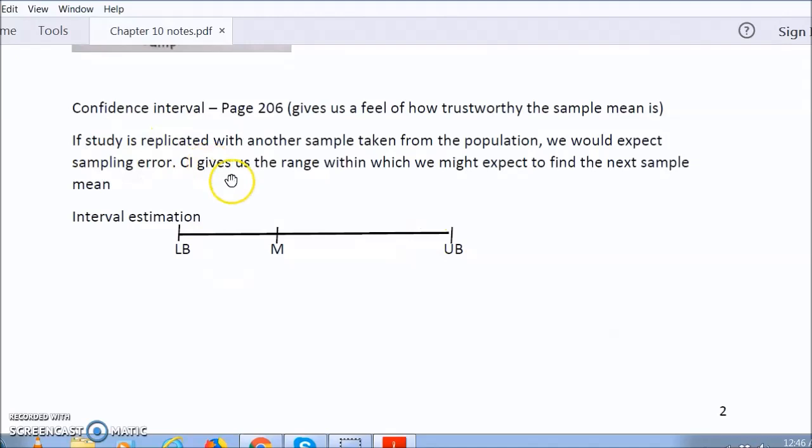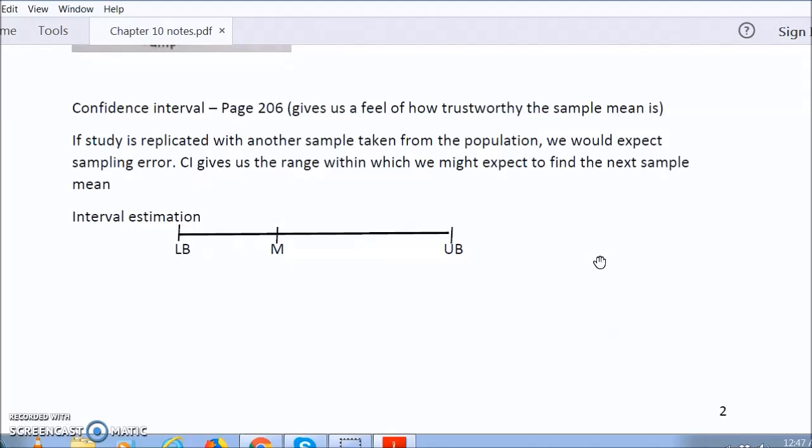So if the study is replicated with another sample taken from the population, we would expect sampling error. There's always going to be some sampling error, but the confidence interval gives us the range within which we can expect the next sample mean to be. So the smaller the range, the more your samples are representative of the population and the closer together they are.